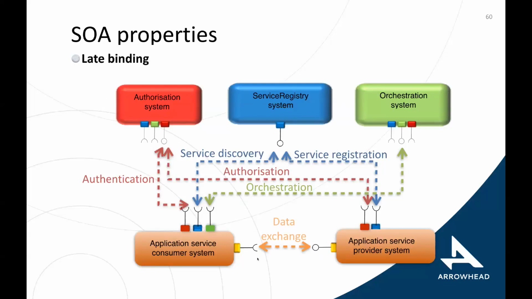There might be a situation where the authorization system might be needed if you want to authorize every consumption of the data. But in general, this is how we create autonomy, and once this is set up, it will execute, and then we can change things in runtime by changing the policies for the orchestration system and the authorization system.